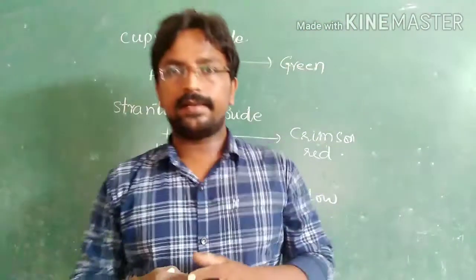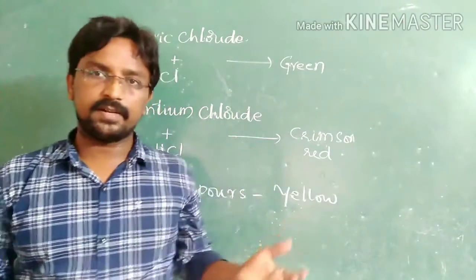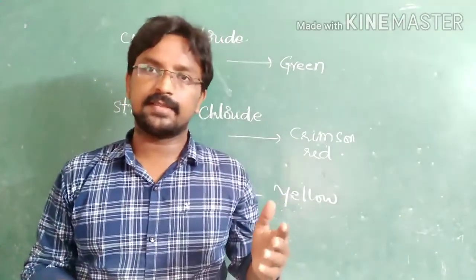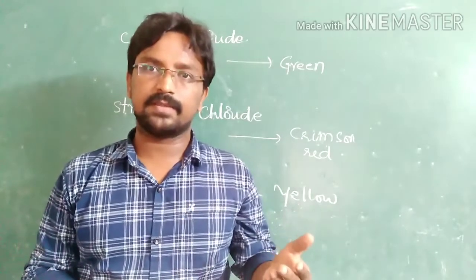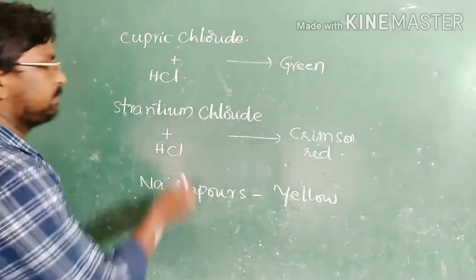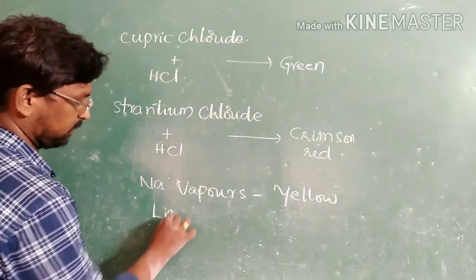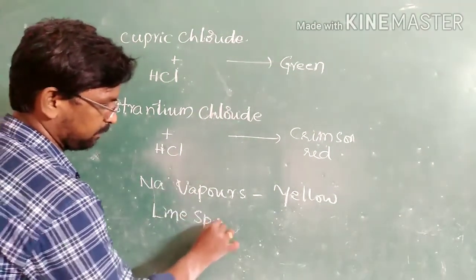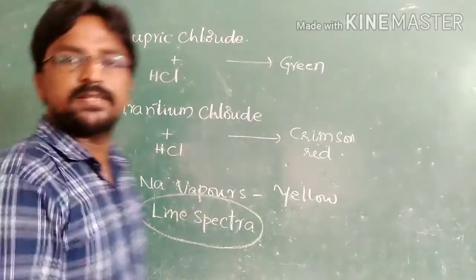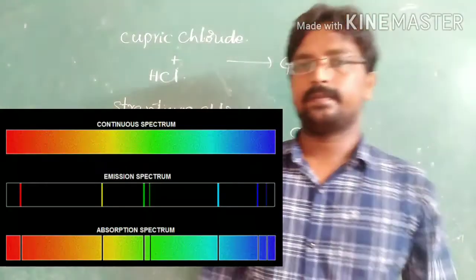So why do different elements give different colors? Each color has its own characteristic wavelength. These wavelengths are said to be line spectra.